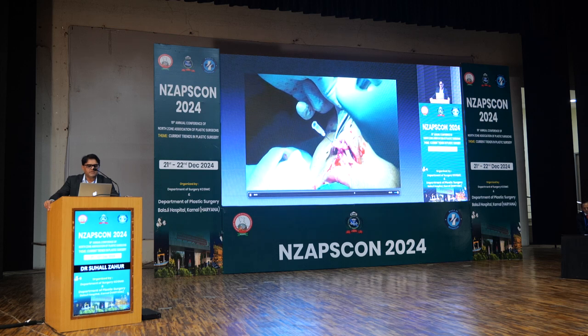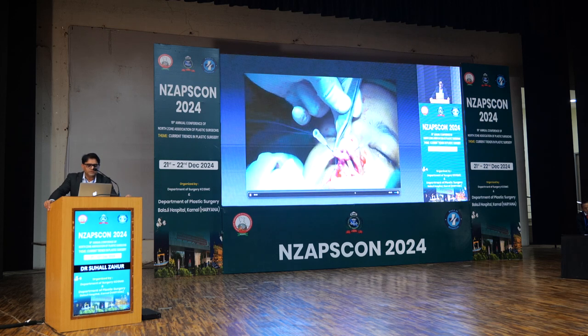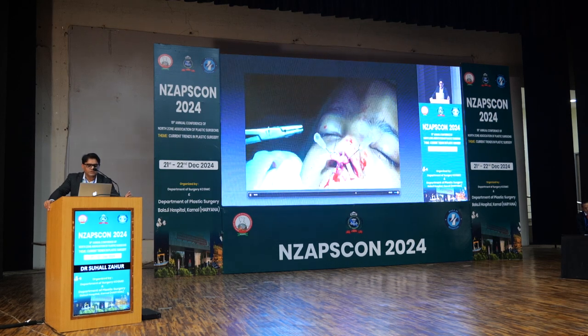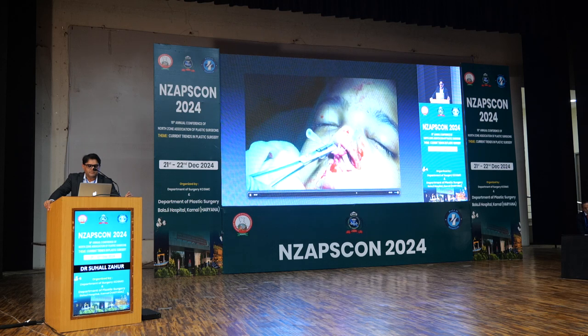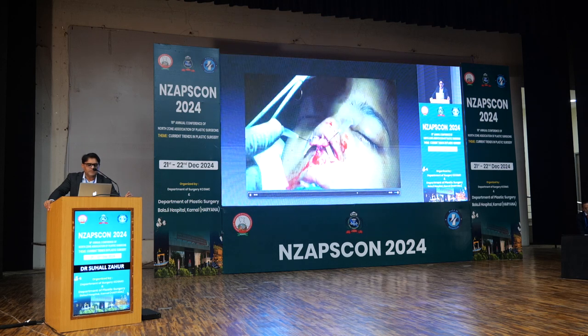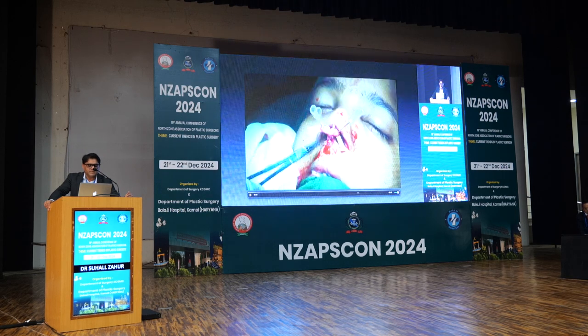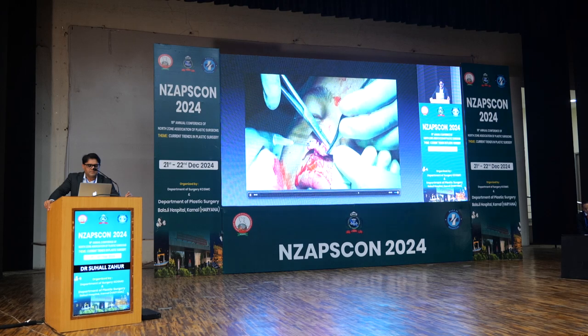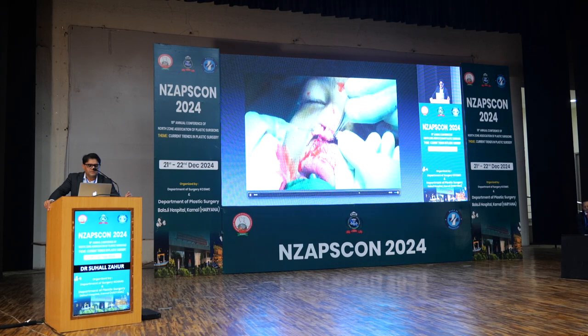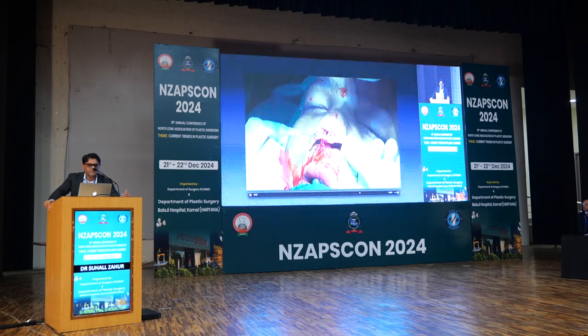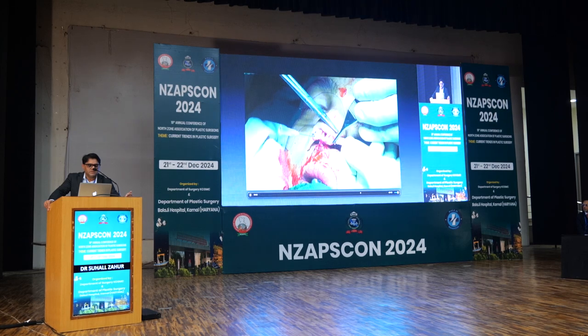With these lateral crural strut grafts, we can bring the lateral crura down and improve the malposition, which we call the cephalic malposition, which we usually see in such cleft patients.